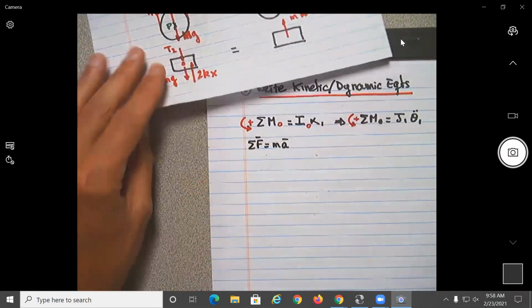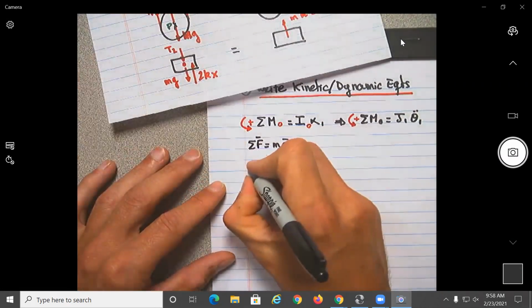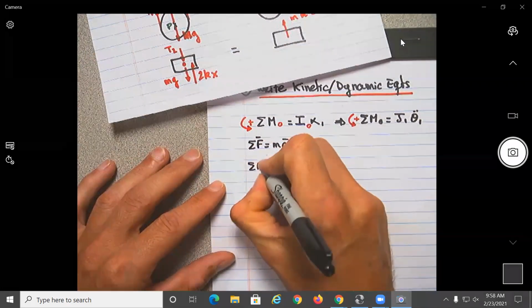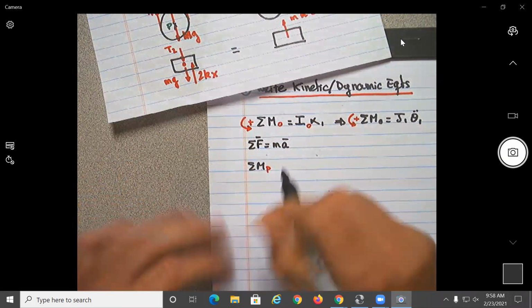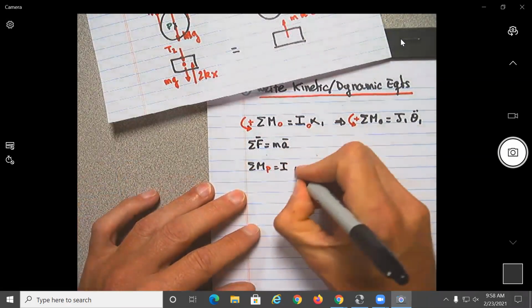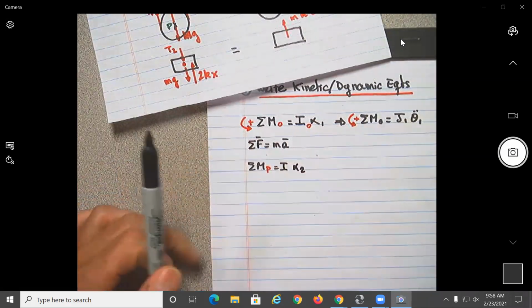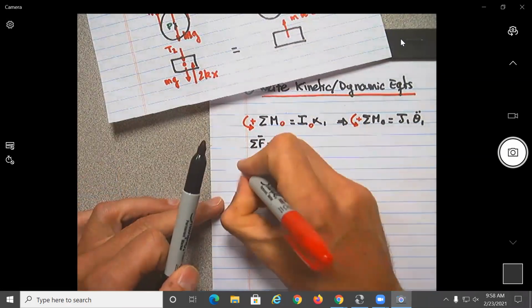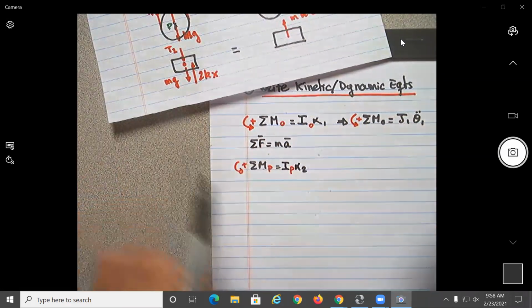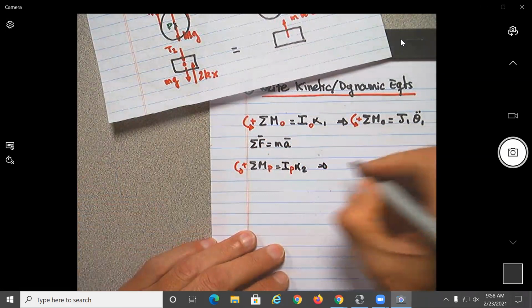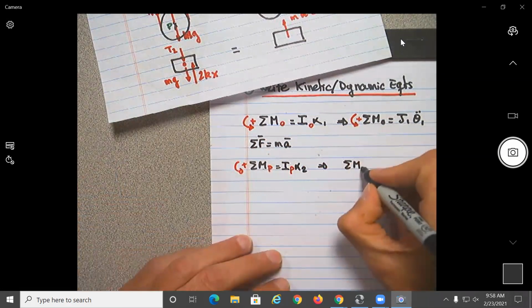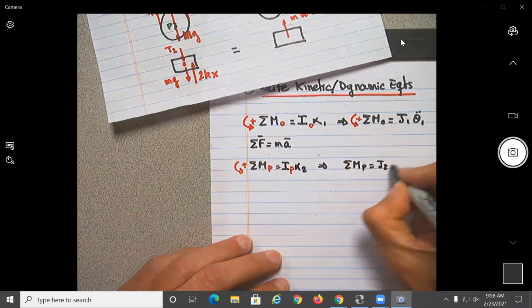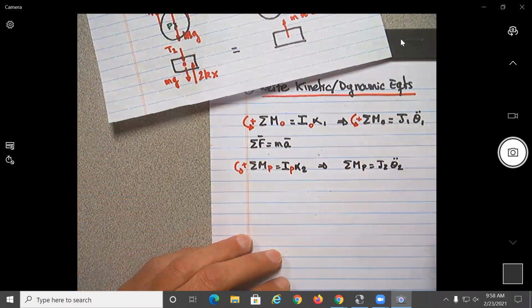And summation of moments about point P equal I sub P. But that one will really become summation of moments about point P equal to J2 theta double dot 2.